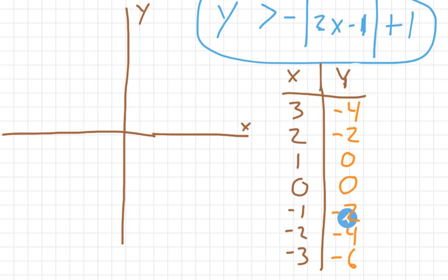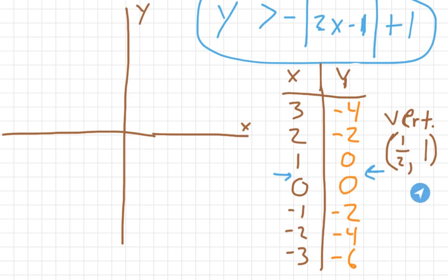Notice that right here, I changed directions. I was going higher, now I'm going lower after 0, when x is 0. The vertex is actually going to be, in this case, the point 1/2, 1. So that point's on my vertex, so 1/2, 1, it's like right there, right about there.